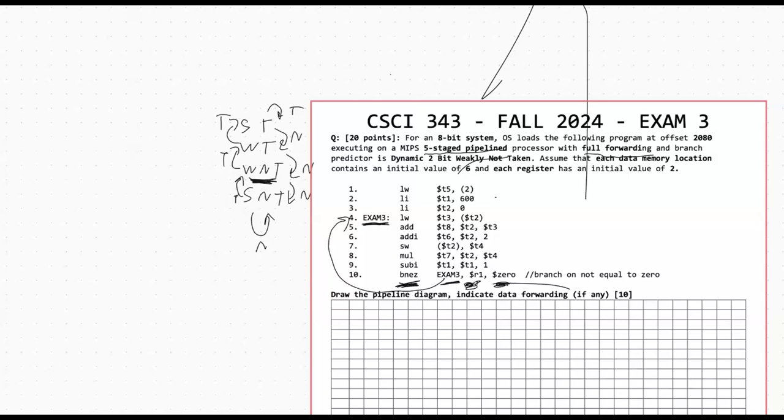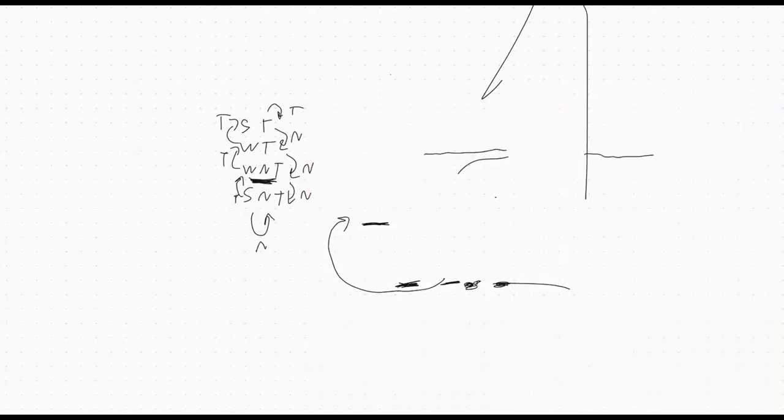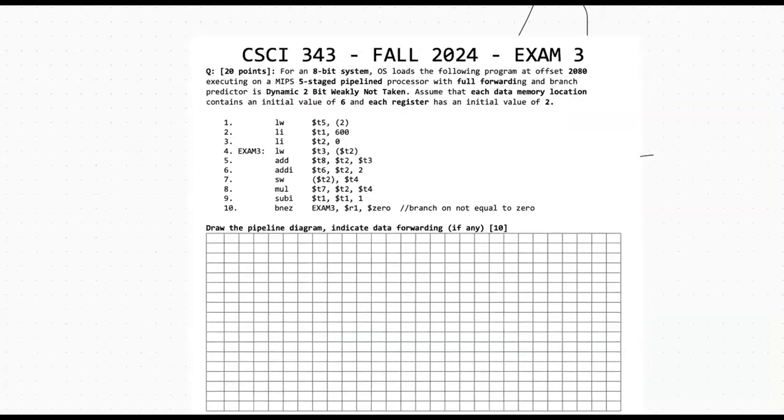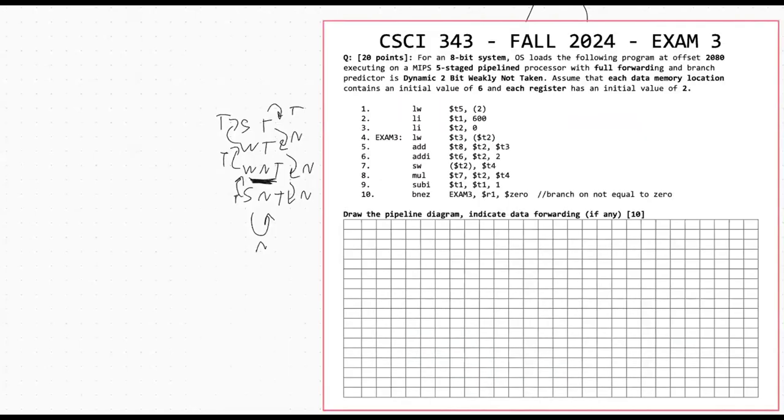Now, we know also that in instruction 9, every time we run this code, we're subtracting 1 from T1. Well, what was T1 to start with? 600.